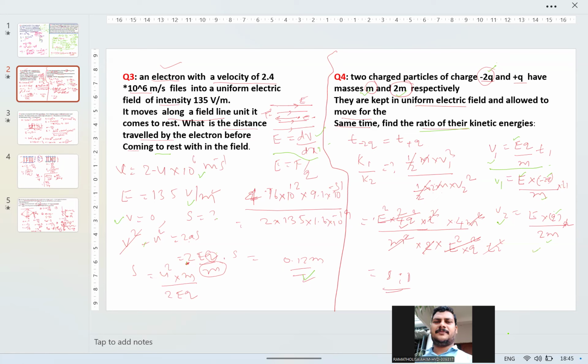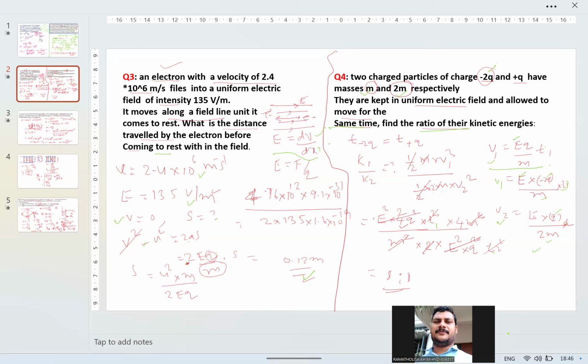So I got the velocities here. So the ratio of kinetic energy of M1, and here one point I forgot: both are taking the same time. Therefore T1 and T2 are the same, so T1 square and T2 square are cancelled. If you take E square into 4Q square, since minus 2Q whole square means 4Q square, into T1 square by M square. So for K1 by K2, numerator as denominator and denominator as numerator, it will be reversed.